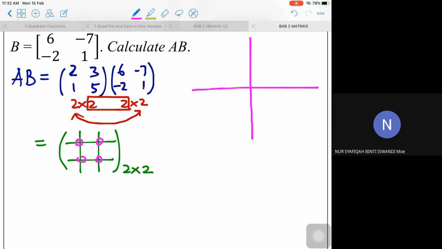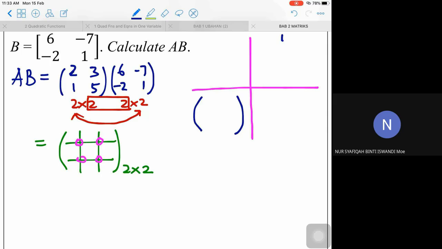For the first matrix, you copy it down on the left side, below the left side. Maybe we can call this quadrant 3. This is quadrant 1, quadrant 2, quadrant 3, quadrant 4. We draw the cross, and then we write down the quadrants.